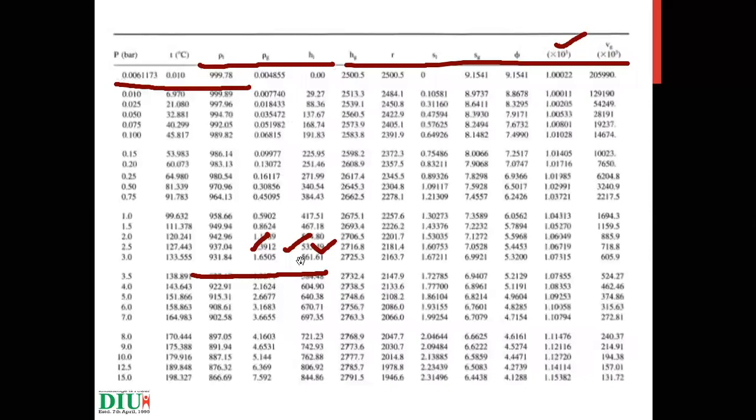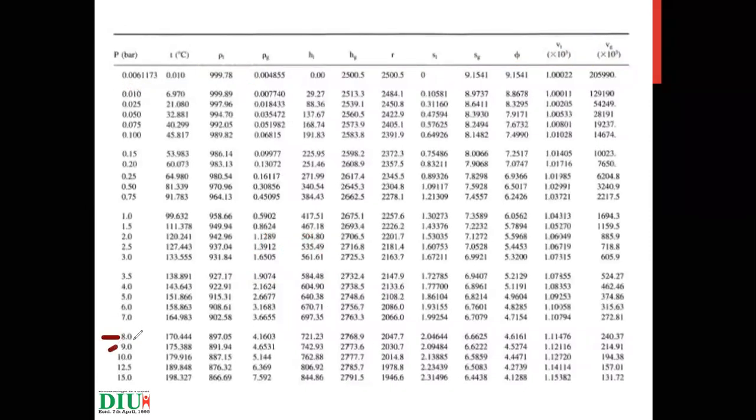This is the 8 bar row, as you can see from my drawing. If I go along the same row, this is 721 and finally 2048. So these are the two values for 8 bar. We'll take these two values from this table and go to the equation one more time.